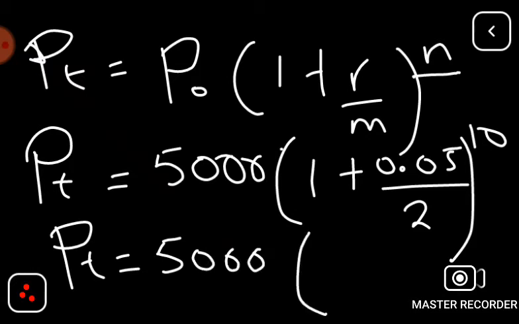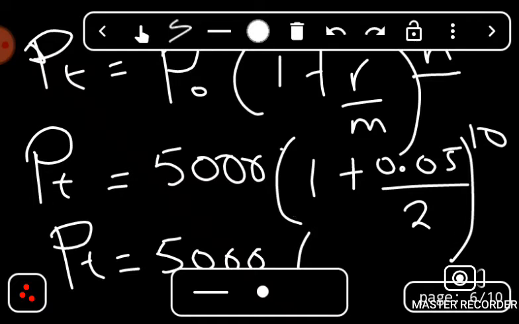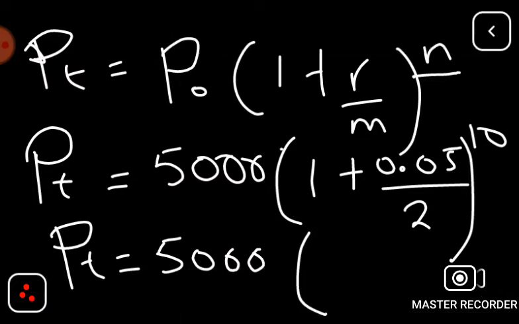So how to calculate this is, firstly, divide these two: 0.05 divided by 2 is going to give us 0.025. Keep the 10 there.